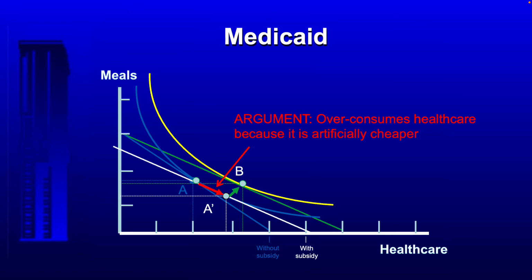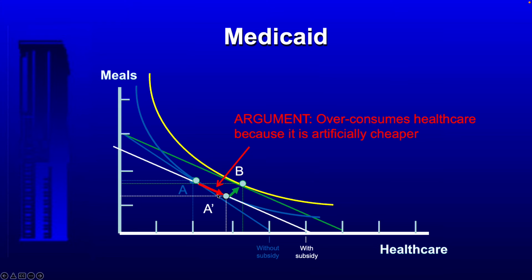An argument might be that, okay, let's say the steeper budget constraint that I'm tracing out here with a pointer is without a Medicaid subsidy. Well, let's say we're now going to subsidize it, and that is going to effectively lower the price of health care and bring us out to this newer one.